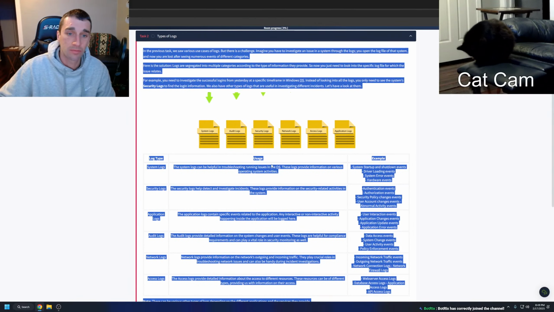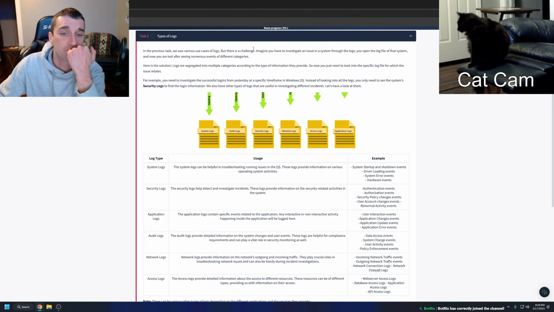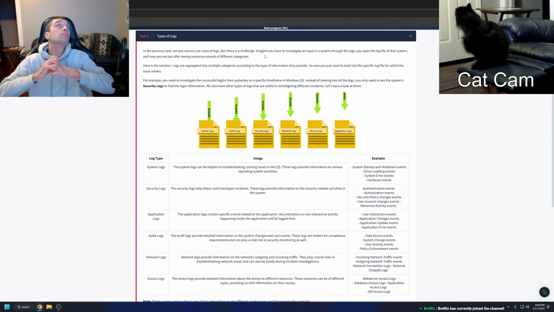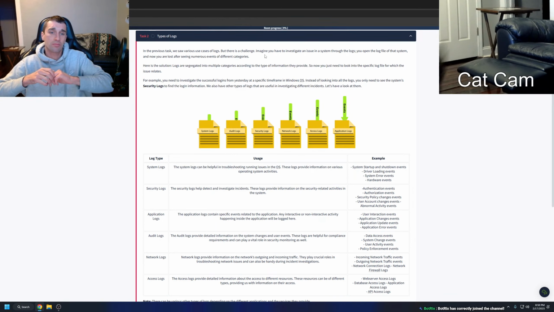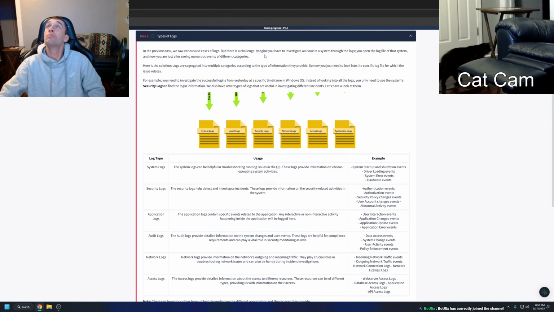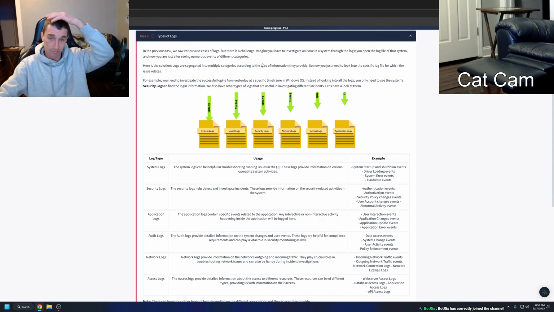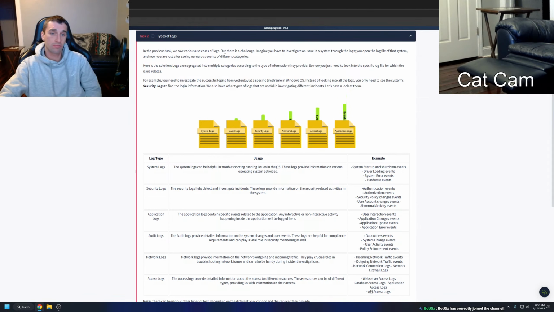In the previous task, we saw various use cases of logs. But there is a challenge. Imagine you have to investigate an issue in a system through the logs. You open the log file of that system, and now you are lost after seeing numerous events of different categories. Here is the solution. Logs are segregated into multiple categories according to the type of information they provide.